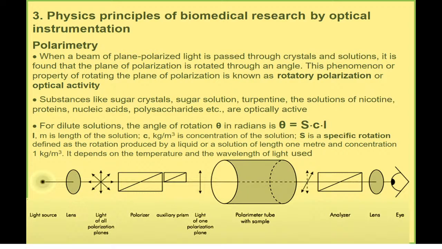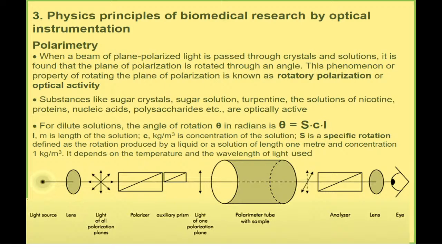When a beam of plane polarized light is passed through crystals and solutions, it is found that the plane of polarization is rotated through an angle. This phenomenon or property of rotating the plane of polarization is known as rotatory polarization or optical activity, as I said.